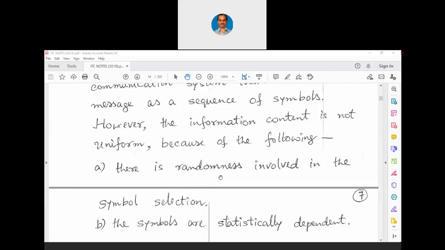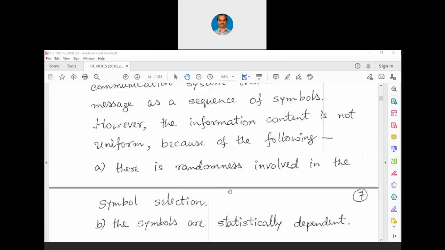The concept is planned, whereas in the outcome, whenever it becomes information, there is randomness involved. Whichever wordings I type and however I frame the sentences, there is randomness. This is the first thing.